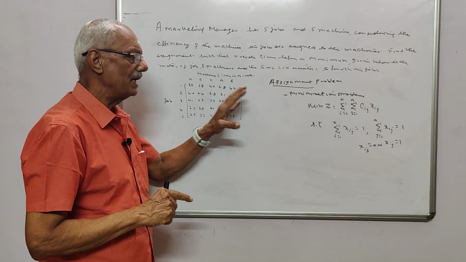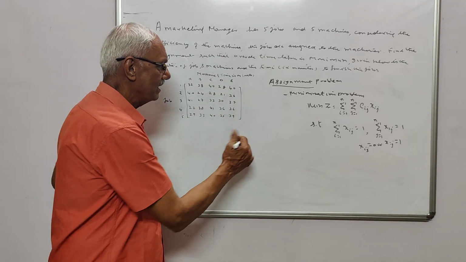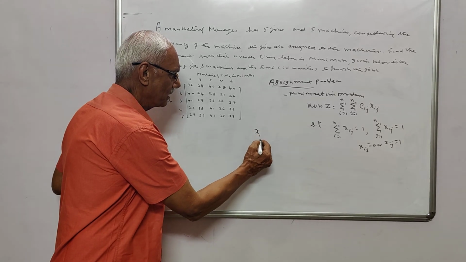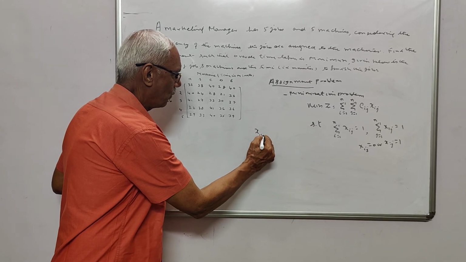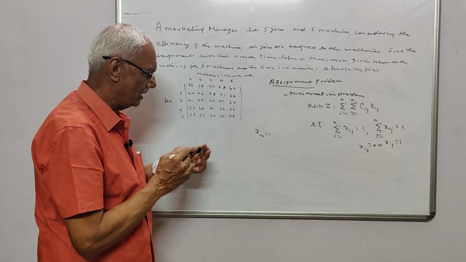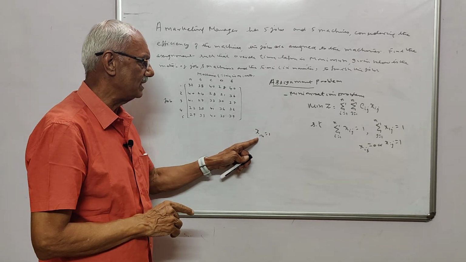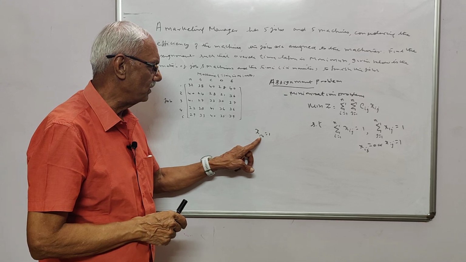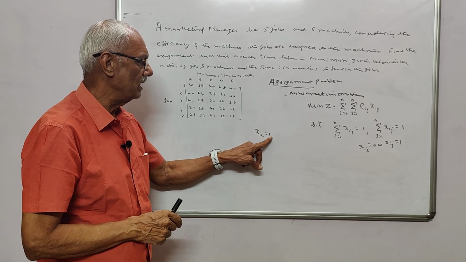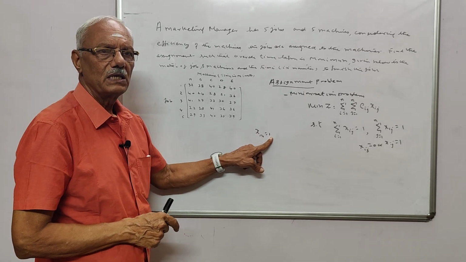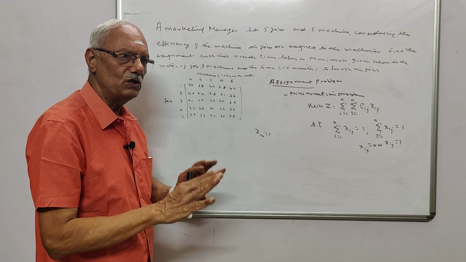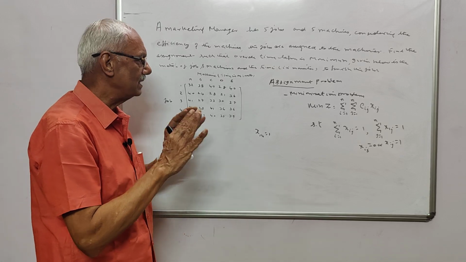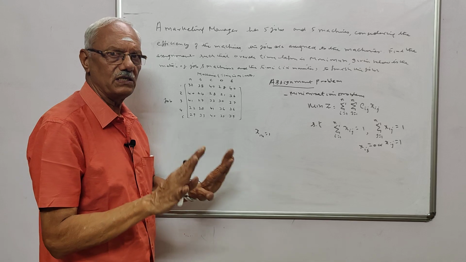That means x14 is equal to 1. X refers to assignment. The assignment of the first job to the fourth missionary is 1, meaning it is assigned, and that job will be done by missionary D.